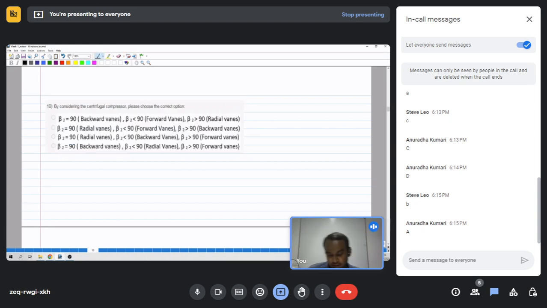By considering the centrifugal compressor, please choose the correct option. Beta 2 is 90 represents backward vanes or radial vanes, beta 2 less than 90 represents forward vanes or backward vanes or radial vanes, and beta 2 greater than 90 represents radial, backward, or forward vanes.